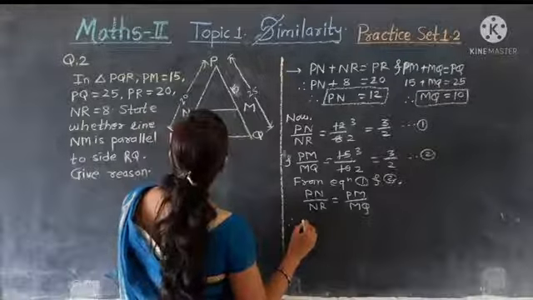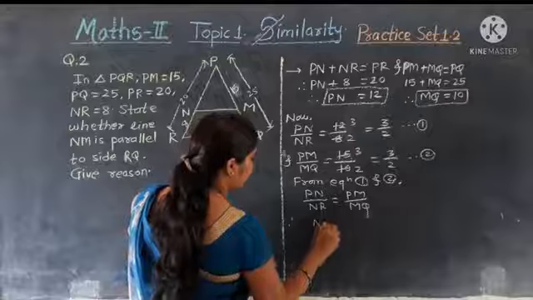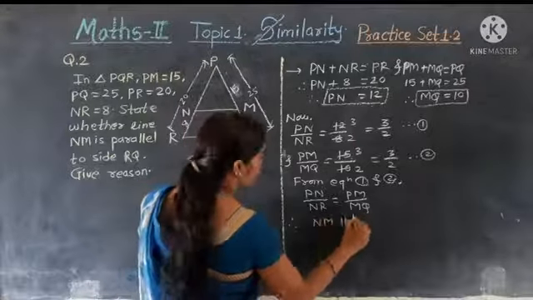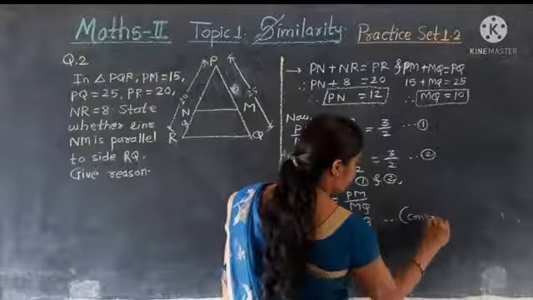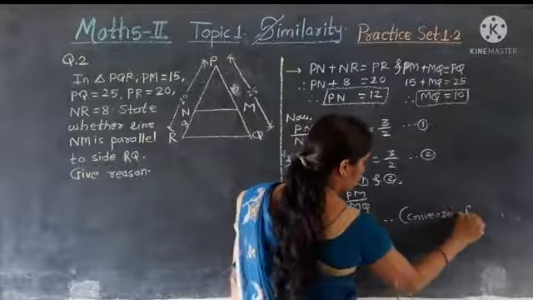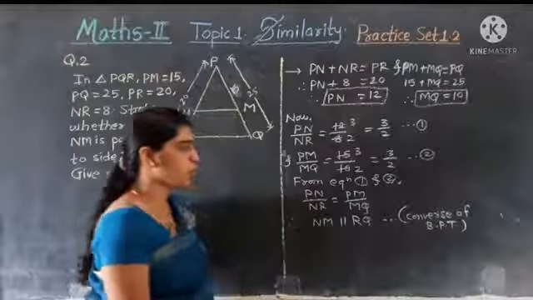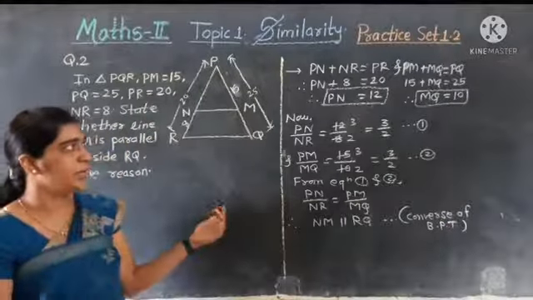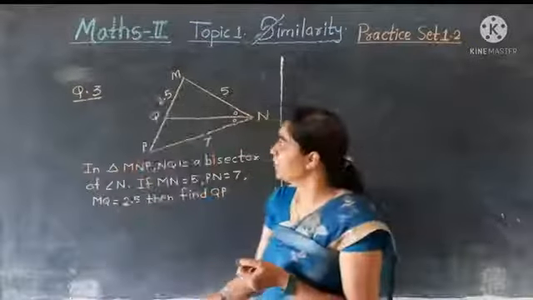Therefore NM is parallel to RQ. Reason: converse of basic proportionality theorem. You write it shortly as BPT. Okay, understand? See students, question number 3.